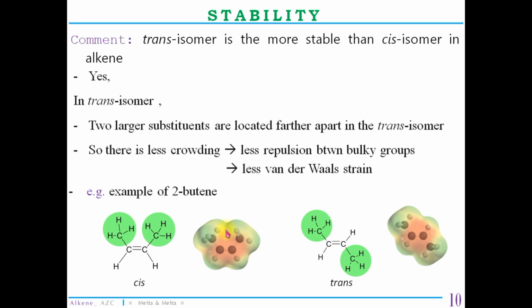In the trans isomer, both methyl groups are on opposite sides, farther apart, so there is less crowding, less repulsion between bulky groups, and less van der Waals strain. Therefore, the trans isomer is more stable than the cis isomer.